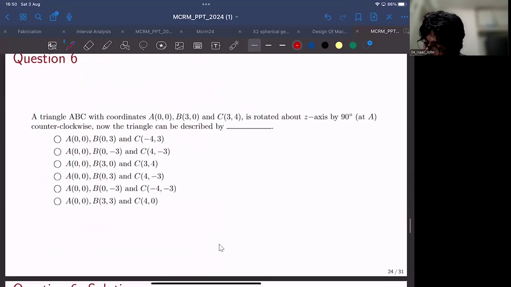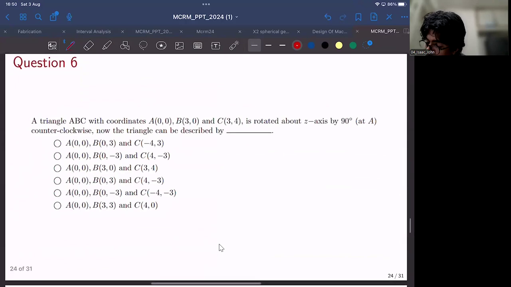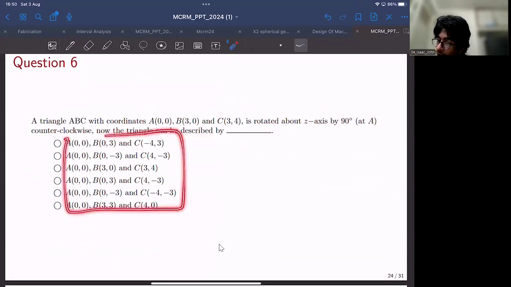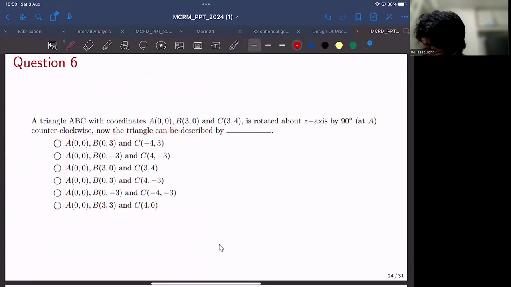Okay, now this is actually a numerical question. A triangle with coordinates A, B, C is rotated about the z-axis by 90 degrees, counterclockwise. Now the new coordinates can be described by which of these options? So for representation, I'll draw the triangle like this.